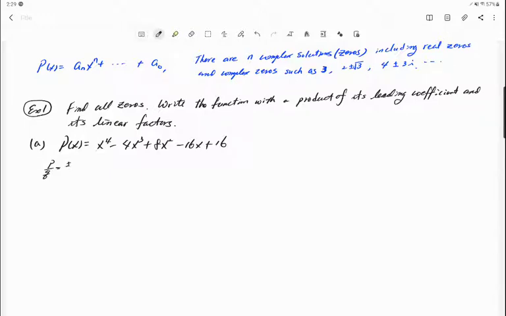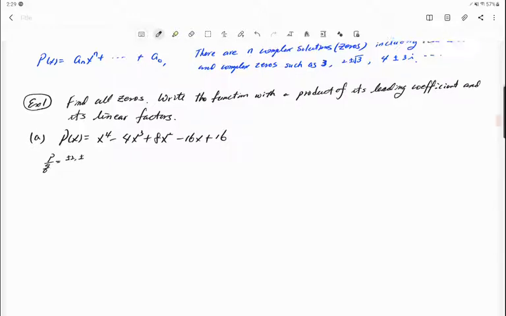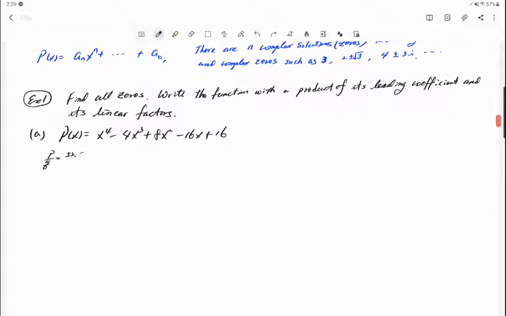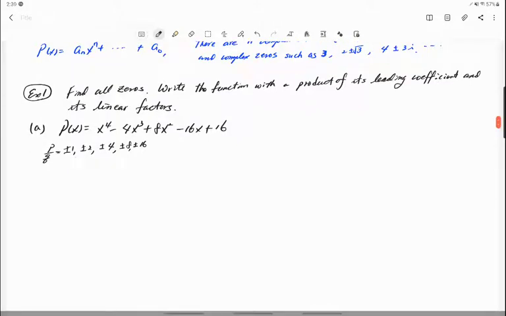So it'll be plus or minus 1, plus or minus 2, plus or minus 4, plus or minus 8, plus or minus 16, over 1. We can start from 1, -1, and so on to find a real solution.